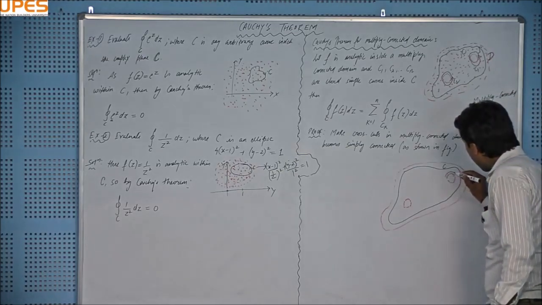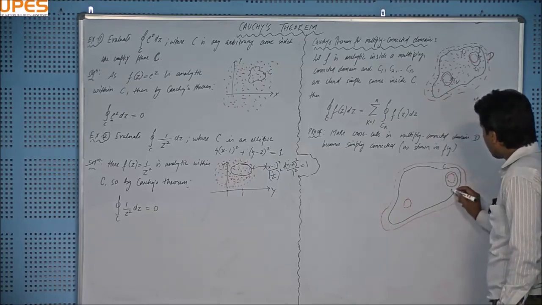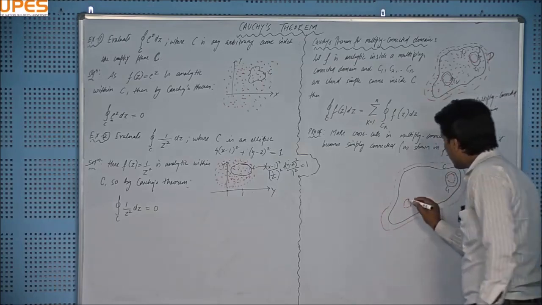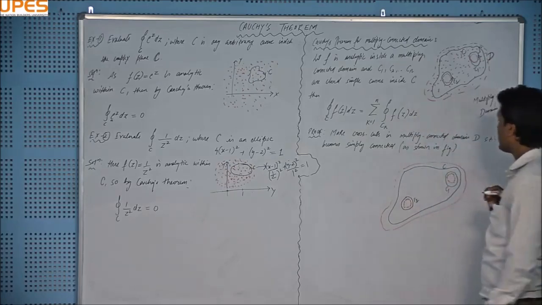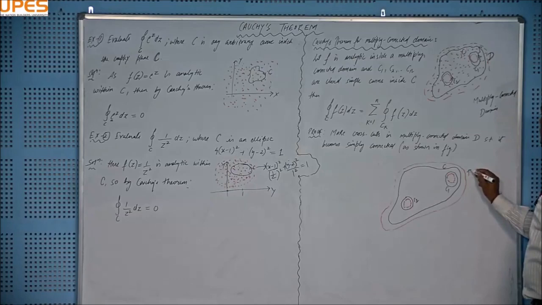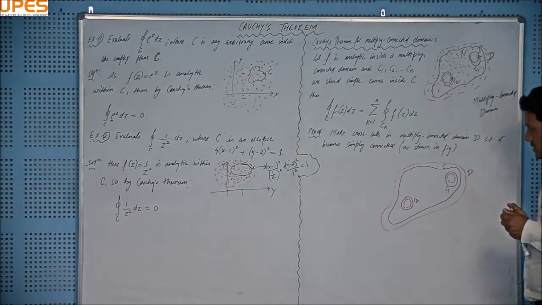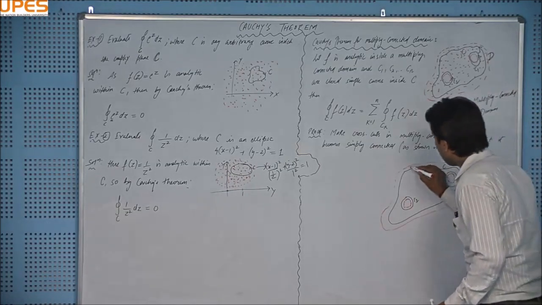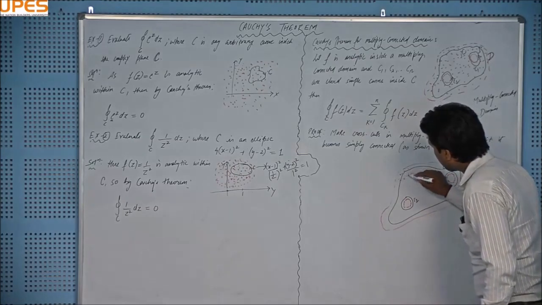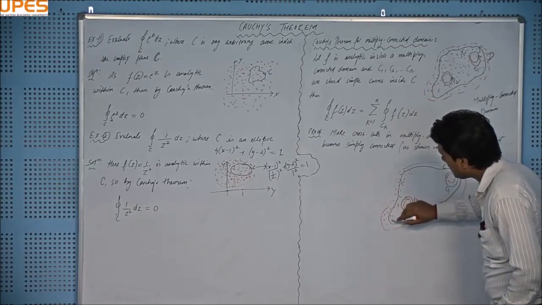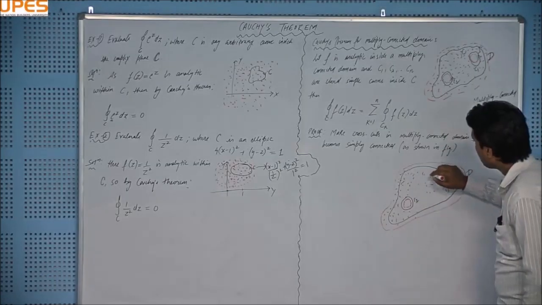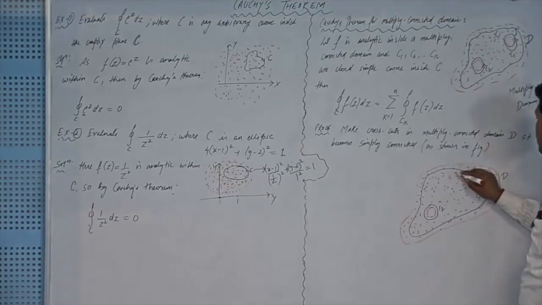So this is my C1, and this is C2, and the outer was domain D. And in order to show that this is a domain, I will put red dots everywhere, right? Okay.